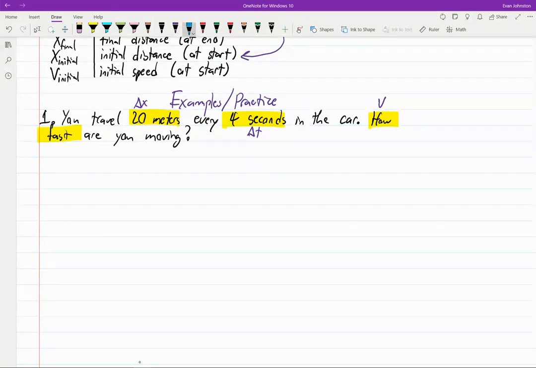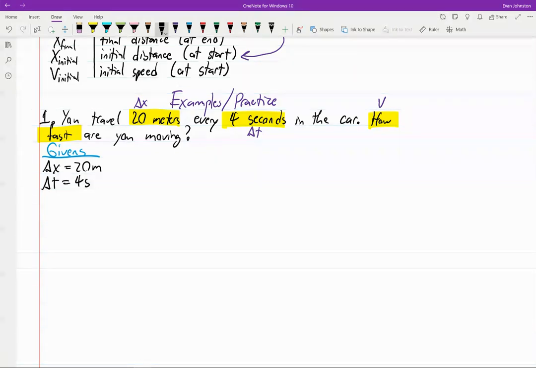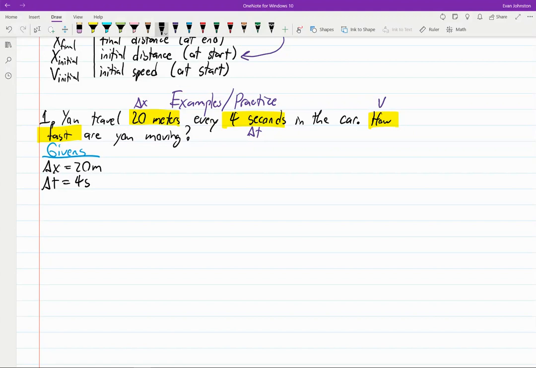So on the next line down, I'm just going to put our givens. Givens. We are given that delta X is 20 little m. It's the unit for meters. Delta T is 4 seconds. The little s is for seconds.